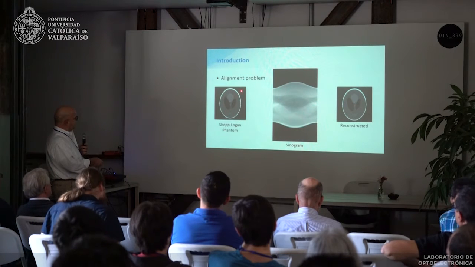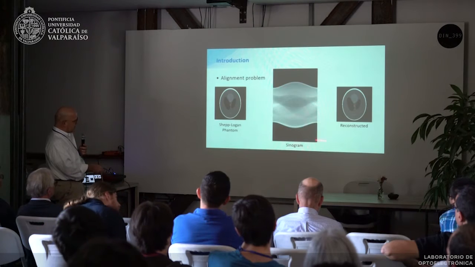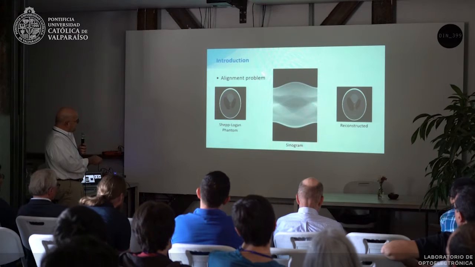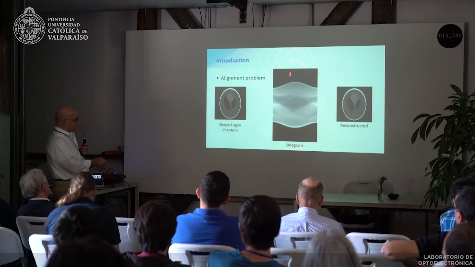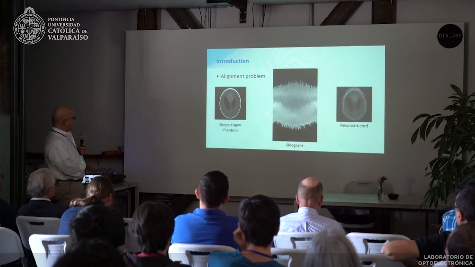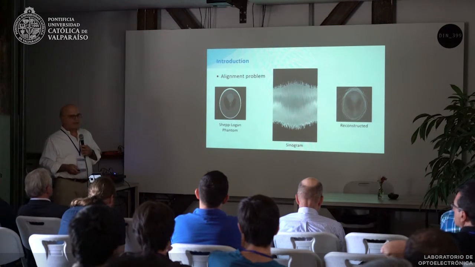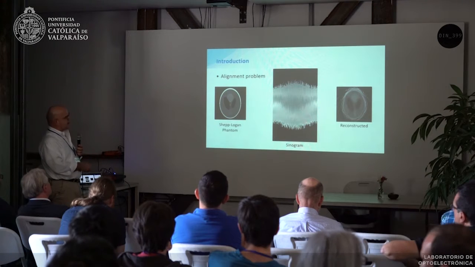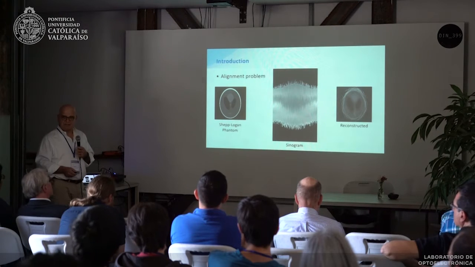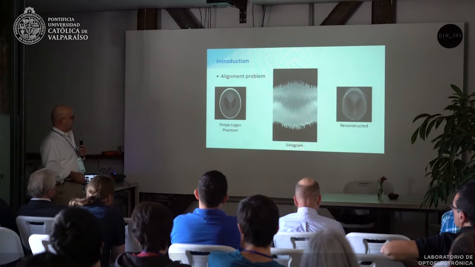This is the sinogram, so you have angles on the horizontal axis and the projection on the vertical axis. So if the specimen is aligned, we have a nice sinogram, we have a nice reconstruction using your favorite approach. However, if there's this shift that I'm talking about, then the sinogram looks like this, and using back projection or whatever, we have a lousy reconstruction.